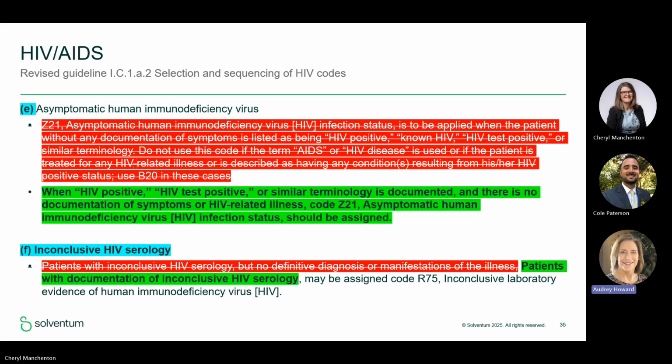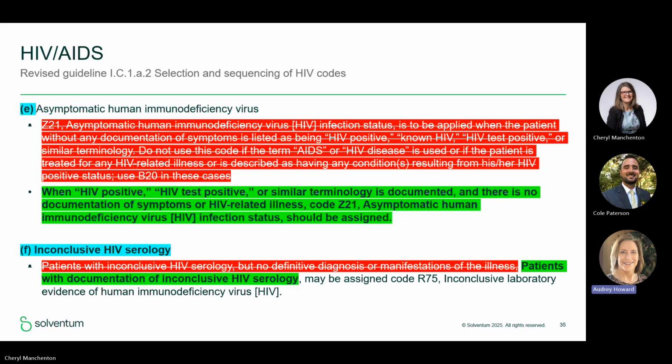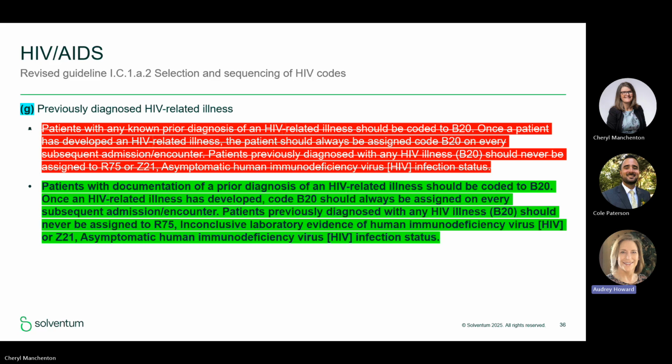Next, code R75 is assigned for patients with documentation of inconclusive HIV serology. Now on to the next one. So the guideline G, once again, was updated for clarity. The guideline for a patient previously diagnosed with an HIV-related illness was updated as presented on this screen.